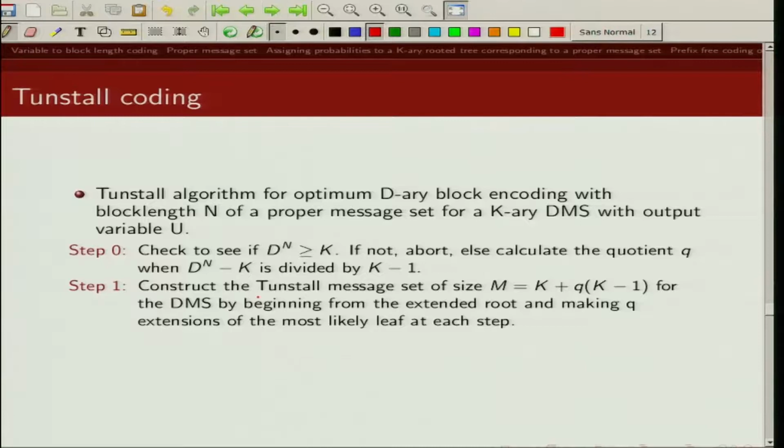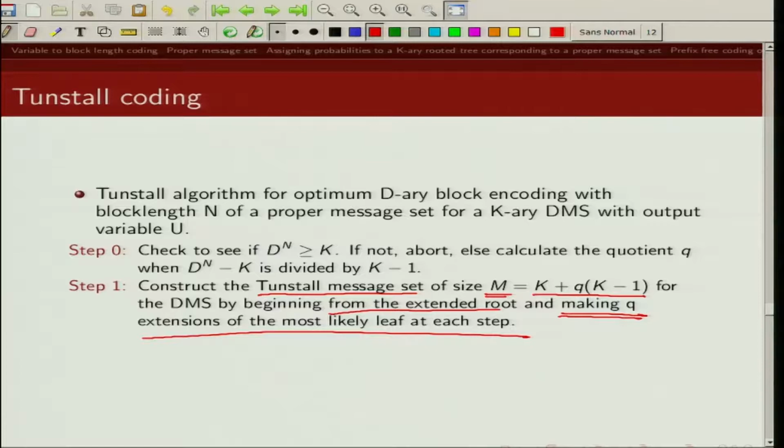Next, we construct a Tunstall message set of size M, where M is given by K plus q times K minus 1. We start with the extended root, and we make extensions of the most likely leaf at each step.